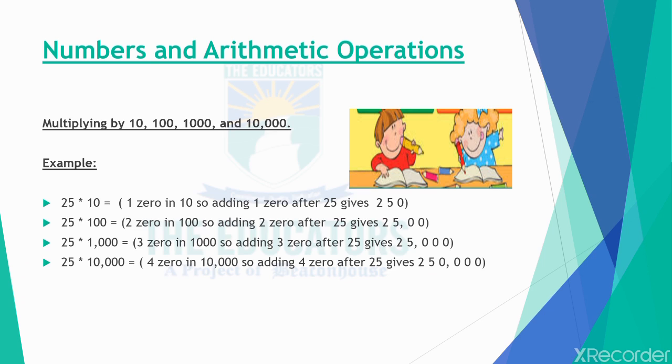Since there are two zeros in 100, we are just going to put two zeros on the right side of 25 and the answer would be 2500. Again, in 1000, since we have three zeros, we would add three zeros to the right side of 25. We would get the answer 25,000. Then in 10,000 we have four zeros. We are going to put these four zeros on the right side of 25 and the answer which we are going to get is 250,000.